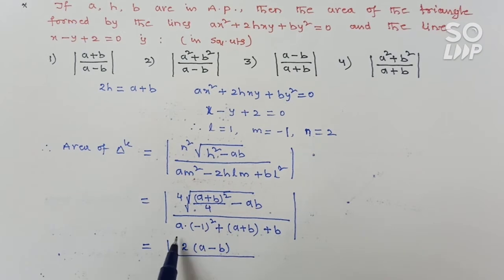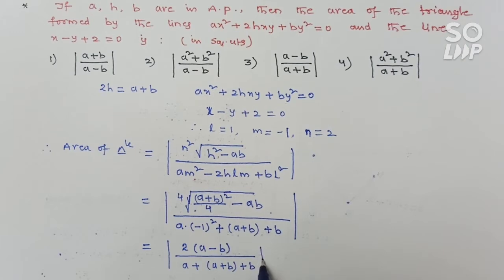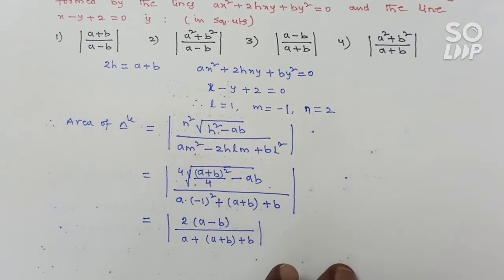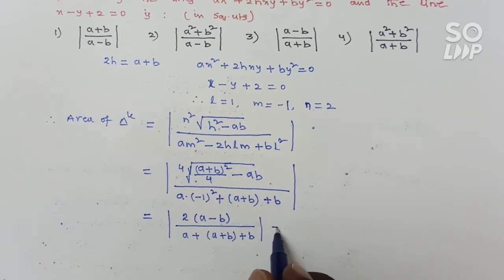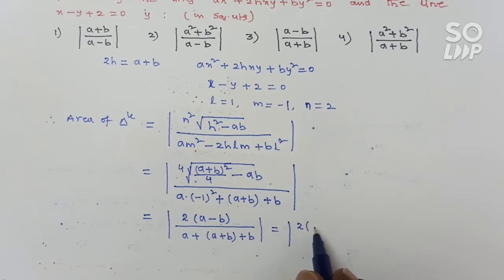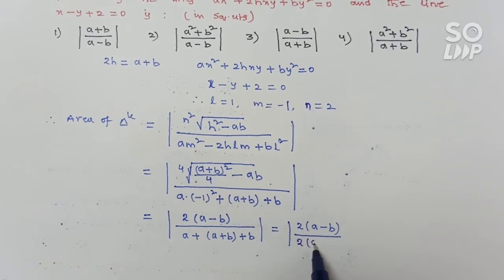this value will be nothing but a plus b plus b. So now the denominator is 2a plus 2b. Now take 2 common: 2 into a minus b, whole divided by 2 into a plus b.